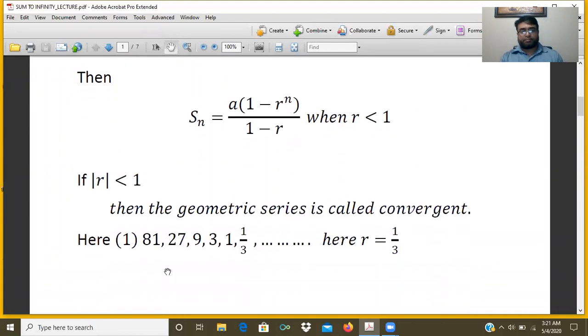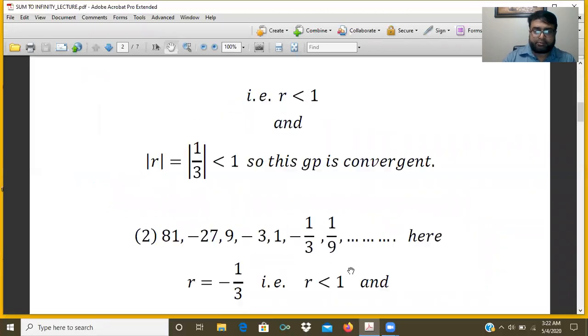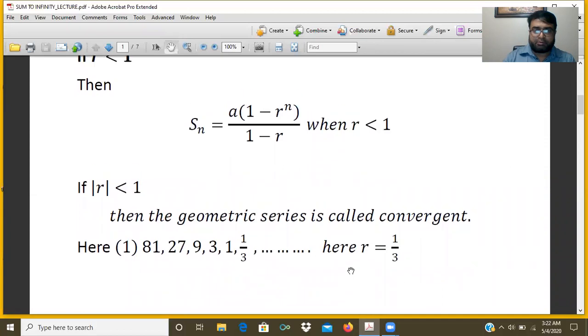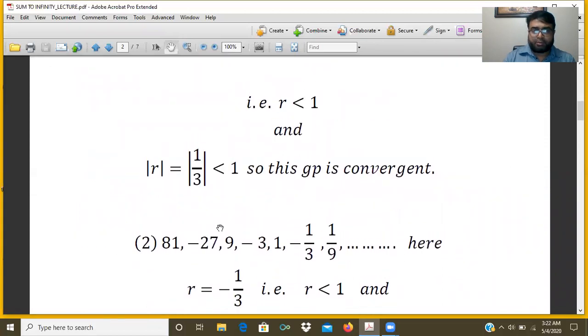Example 1. Now we see a geometric series here. The first term is 81, second term is 27, third term is 9, fourth term is 3, and so on. Here r is 1 by 3. You see the common ratio r is 1 by 3. So the modulus of r is also 1 by 3, and it is obviously less than 1.